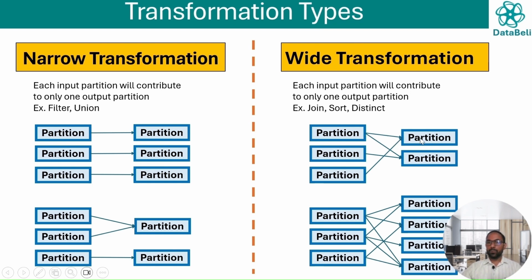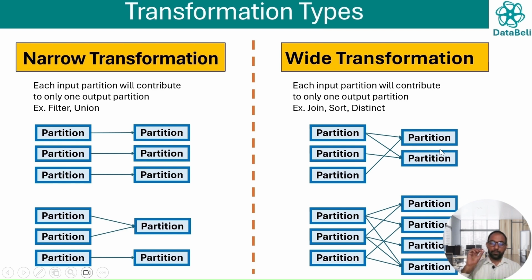The second type is the wide transformation, where each of the input partitions may contribute to more than one partition. Let's say in this example, this partition is contributing to these two partitions. Similarly, here each partition is contributing to multiple different output partitions. So this is called wide transformation, and in wide transformation the number of partitions may decrease, remain the same, or increase also.